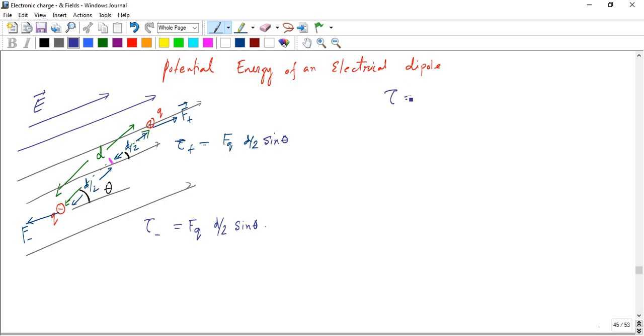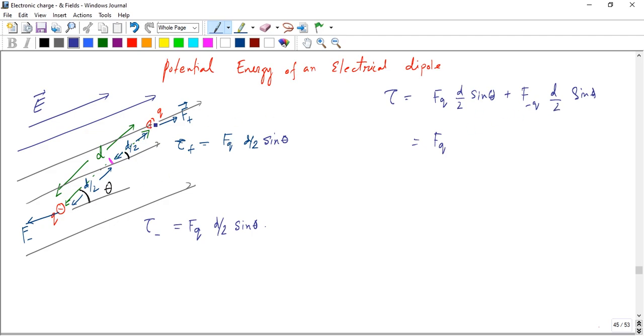You know the couple, that is equal to the total torque tau: F of plus Q times d by 2 sine theta plus F of minus Q times d by 2 sine theta. Okay, we only consider the magnitude of the charge, not the plus or minus sign. So if I take F of plus Q or minus Q as common, both are the same.